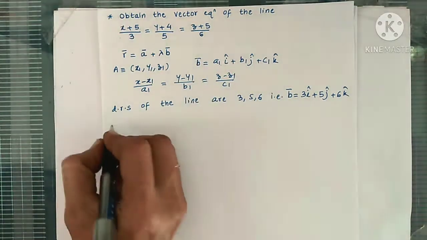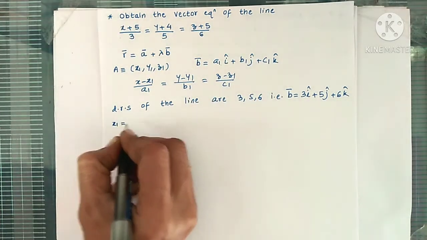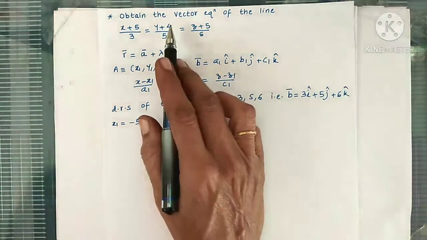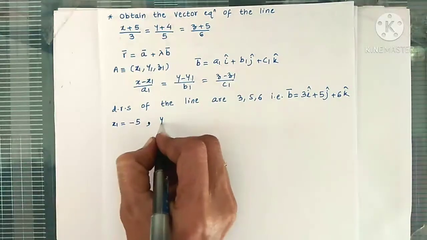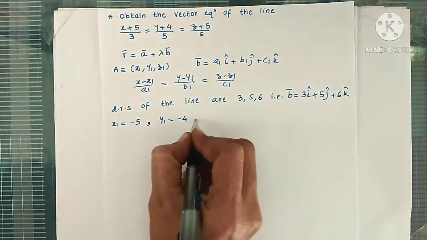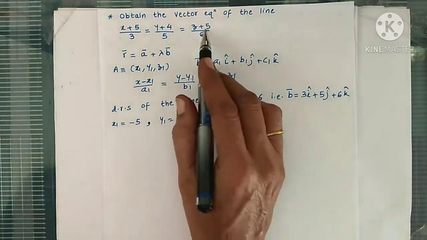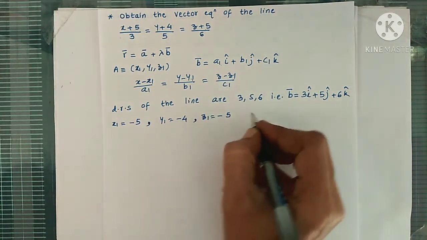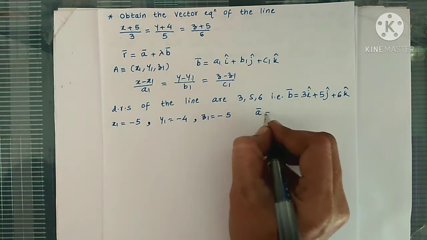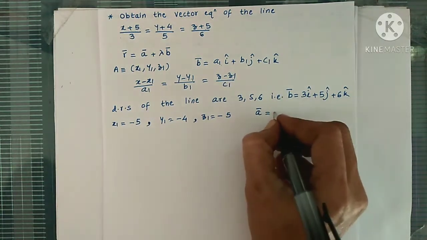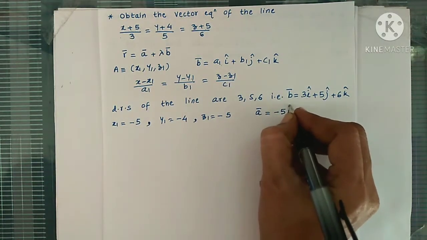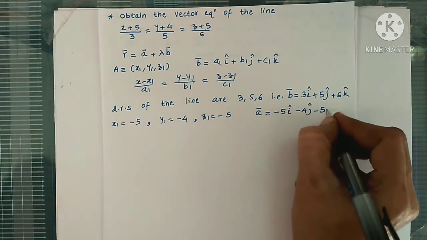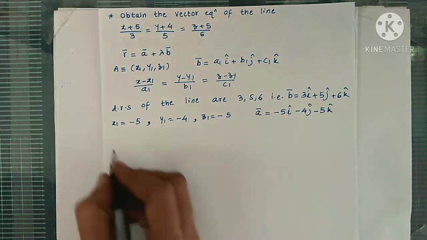Minus y1 is 4, that means y1 is equal to minus 4. Minus z1 is 5, that means z1 is equal to minus 5. So this gives us a bar. A bar is minus 5 i cap minus 4 j cap minus 5 k cap.